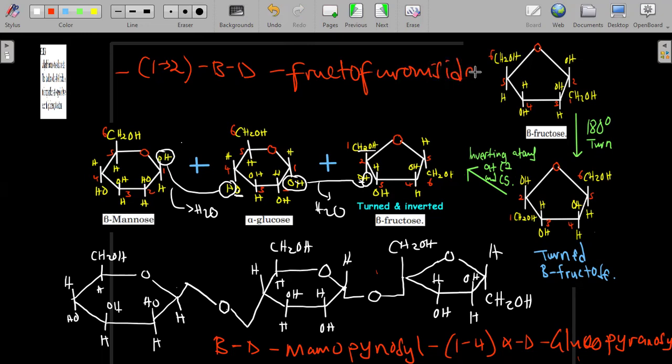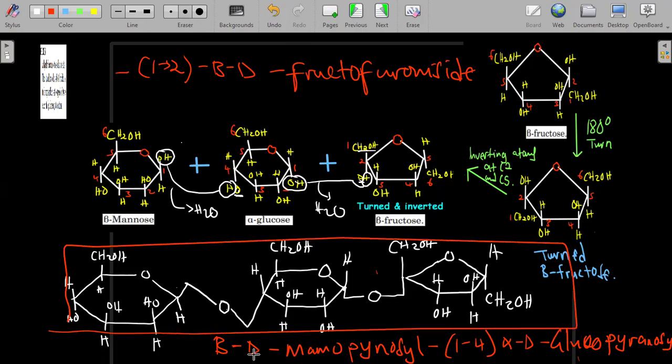So it's a long name like that. The name of this oligosaccharide that we've drawn is beta D mannopyranosyl 1 to 4 alpha D glucopyranosyl 1 to 2 beta D fructofuranoside.